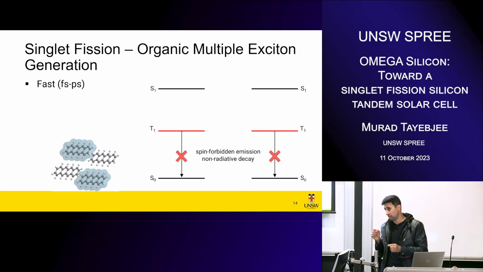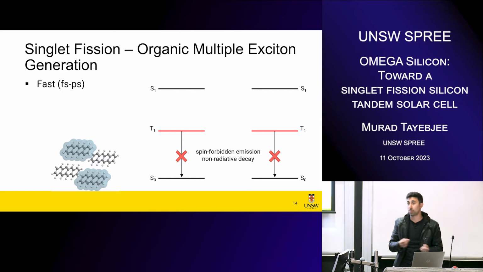Notice the advantage here over quantum dots that undergo multiple exciton generation. In a quantum dot structure, you can excite very high up, and then you can sometimes produce two excitons from a single absorbed photon. But there's nothing stopping you from going from the higher state to the lower state directly. In a molecular system, you can't go from S1 to T1 very quickly because it's a spin-forbidden process.